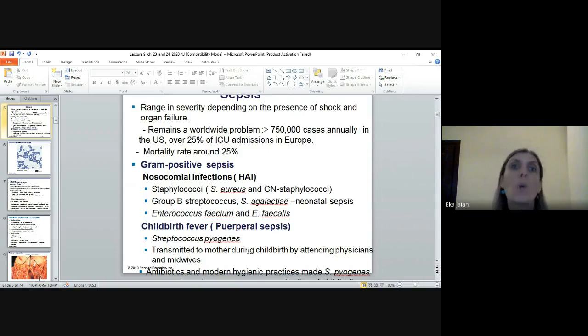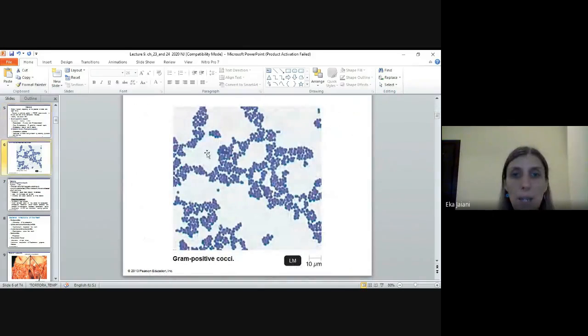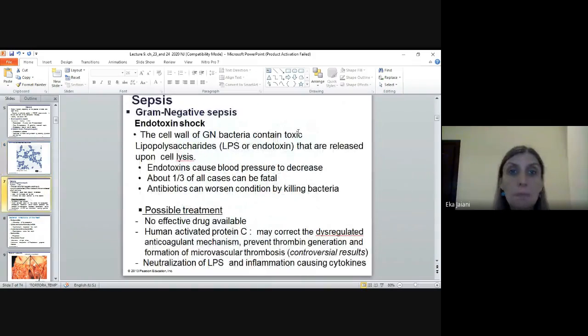But later, with the improvement of sanitary conditions, people became aware that washing hands is important, especially for medical personnel handling patients, and the cases decreased significantly. These are gram-positive cocci, so blood can be tested and stained to check which bacteria cause the sepsis.